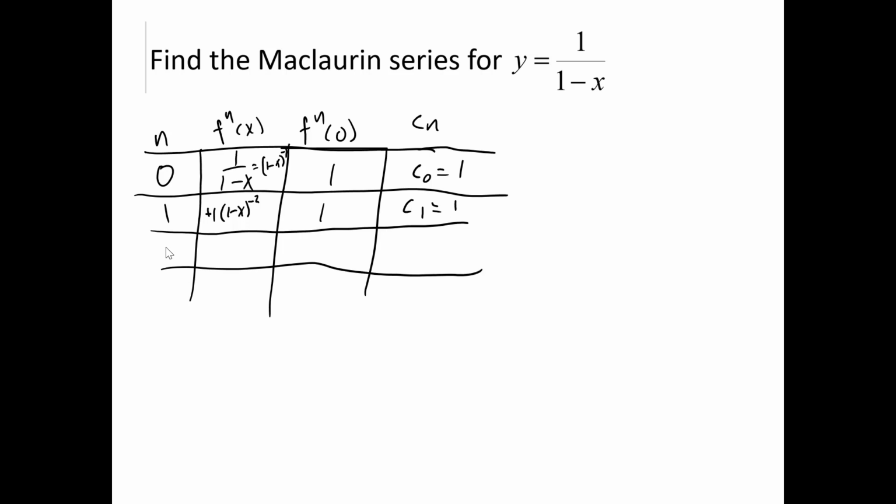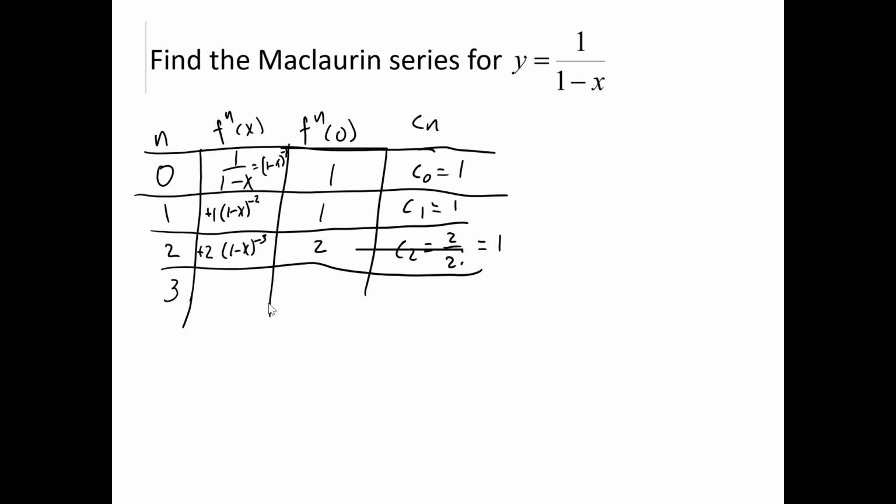When n is 2, now bring down the exponent, you get a negative 2. 1 minus x to the negative 3 times the derivative of the inside. But the derivative of the inside is negative 1, so that makes that a positive 2. Plug in 1, you get 2. And then your C2 is 2 divided by 2 factorial, which is 1.